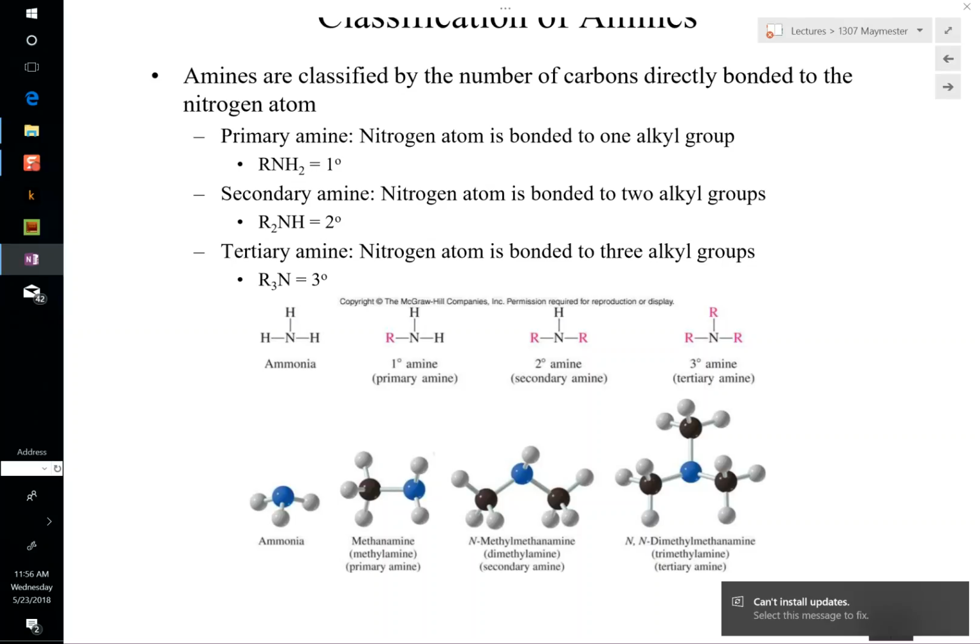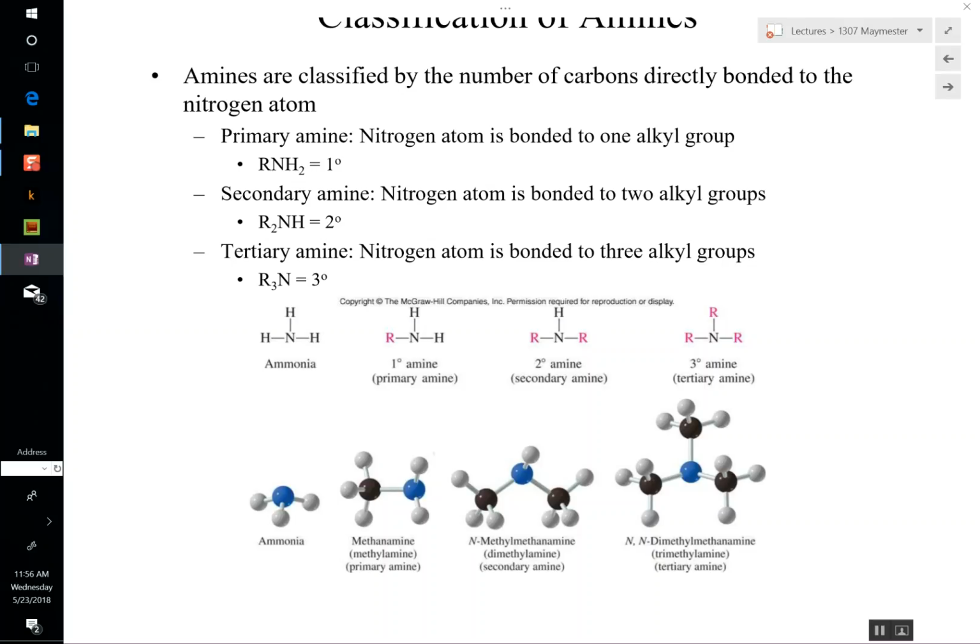That's a primary amine. So we're basically asking how many carbons are attached to the nitrogen. 1 is primary. 2, secondary. 3, see there's no hydrogen? No hydrogen now. We got 3 methyl groups here. No hydrogen. That's a tertiary amine.